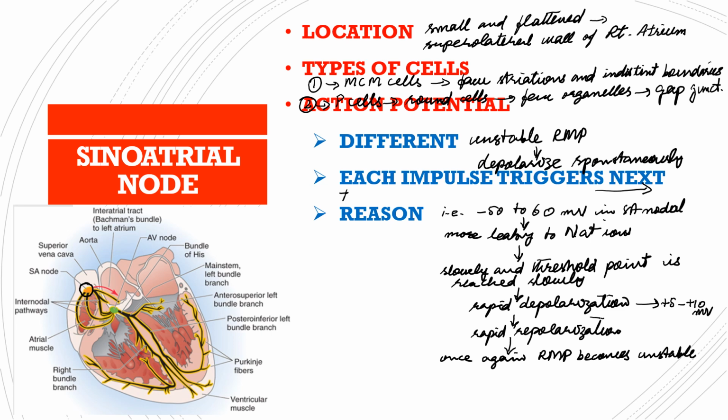When it becomes unstable, the membrane again becomes more leaky to sodium ions, then again depolarization and repolarization occurs, and this process continues throughout life.